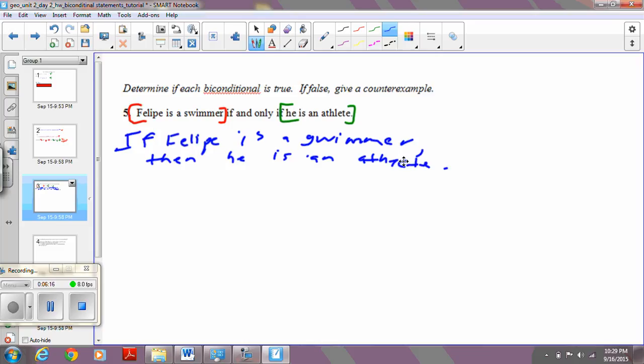So that would be the conditional. If Felipe is a swimmer, then he is an athlete. So now the converse would be, if he is an athlete, or if Felipe is an athlete, then he is a swimmer.